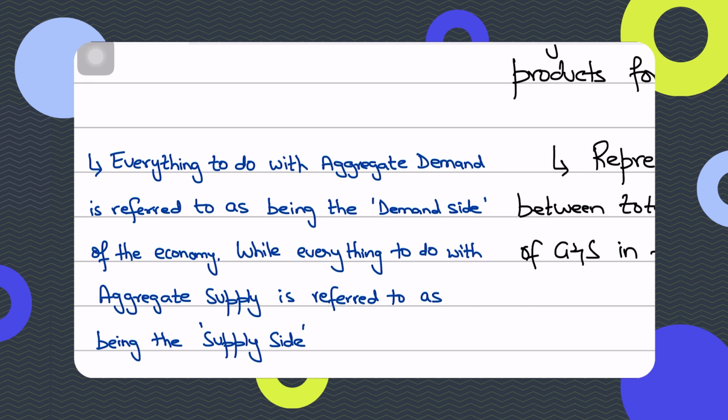In fact, that is the reason why we are studying the ADAS model, because understanding aggregate demand and aggregate supply would help us determine a framework on the basis of which we can actually determine why there is inflation in the economy, or why economic growth is occurring, or why unemployment is occurring.